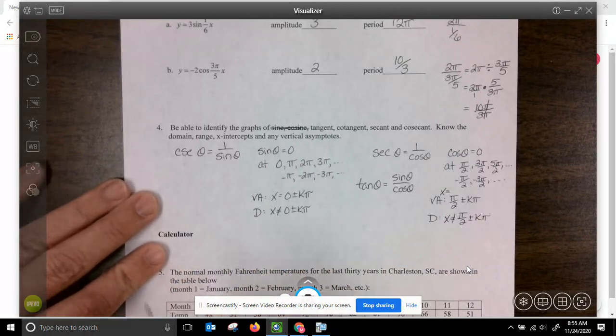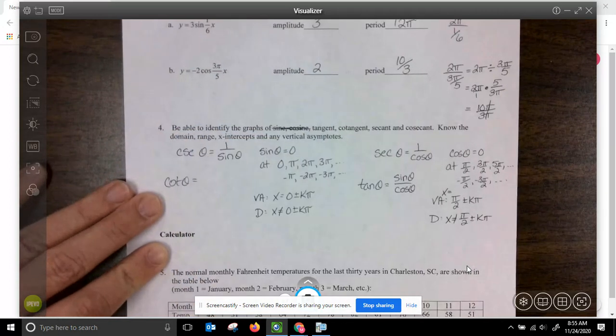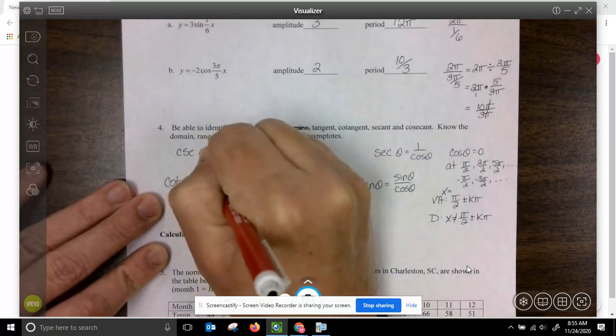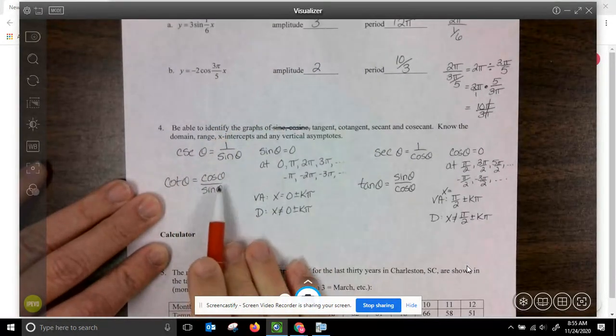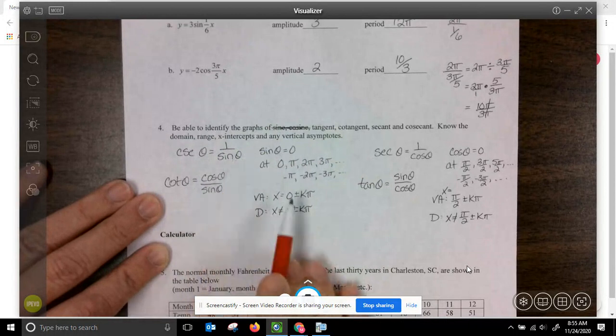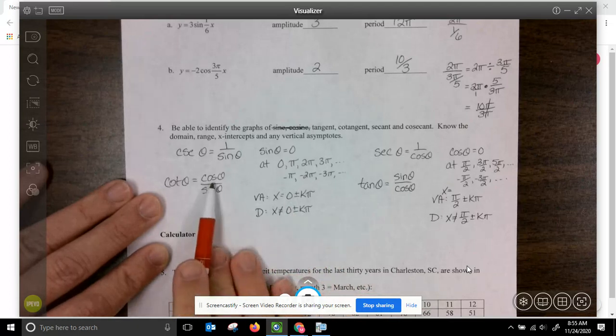Since sine of theta is my numerator here, all of these would be my x-intercepts. Cotangent works similarly. Cotangent is the reciprocal of tangent, which means it is cosine of theta over sine of theta. Here I have sine of theta as my denominator, so we're going to have the same vertical asymptotes and the same domain. Because my numerator is cosine, wherever that is equal to 0 is where all of my x-intercepts are.